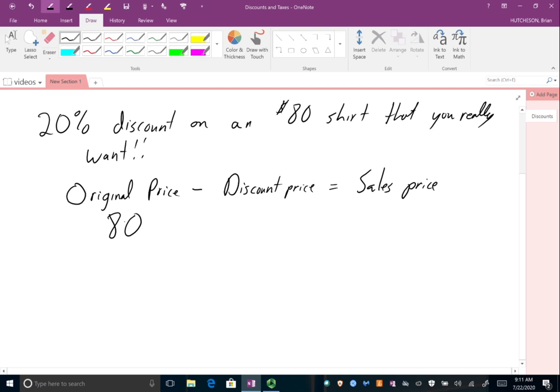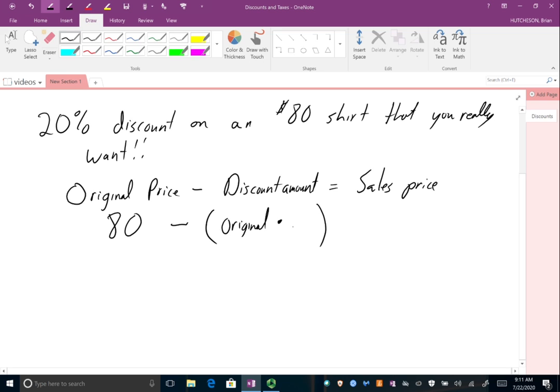And what we need to come up with is the discount amount. Well, the discount amount is nothing but the original times the percentage, but we don't multiply by 20.